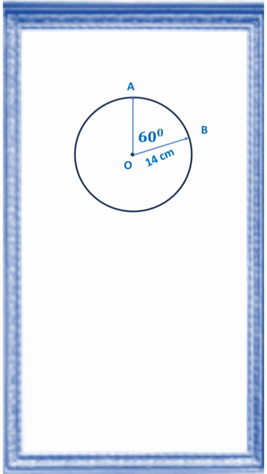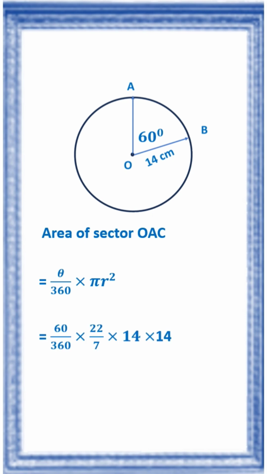Now we have theta as 60 degrees and radius 14 centimeters, so we can calculate the area of the sector using the formula theta by 360 into pi r square. Let us substitute the values. Theta is 60, pi is 22 by 7. They haven't mentioned it, so you have to take such values. 22 by 7, r square, the radius square, 14 into 14.